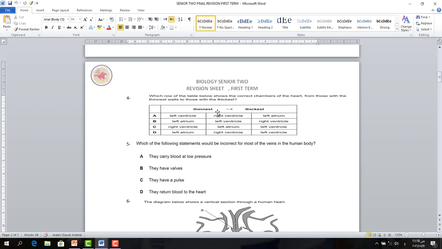The right ventricle pumps the blood to the lung, so its thickness will be less. Left atrium pumps the blood from the atrium to the ventricle, a very short distance, so it must be the thinnest one. So the left atrium, the thinnest one, then the right ventricle, then the left ventricle. So D.